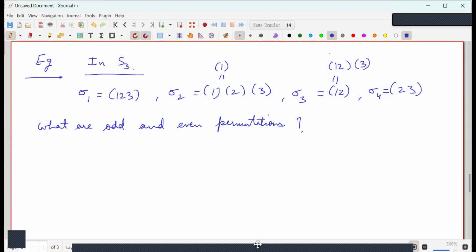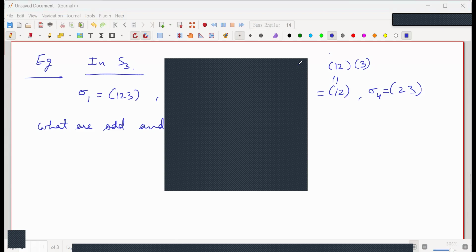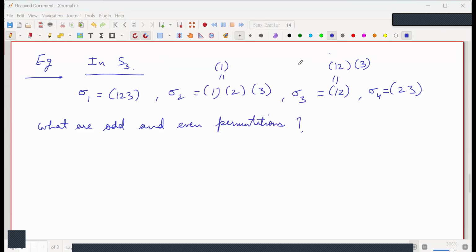Now, since others can also speak, na? Sigma 1 and sigma 2 are even permutations, and sigma 3 and sigma 4 are odd permutations, right? Very good. So sigma 1 and sigma 2 are even permutations. I hope you are also getting the logic behind it.